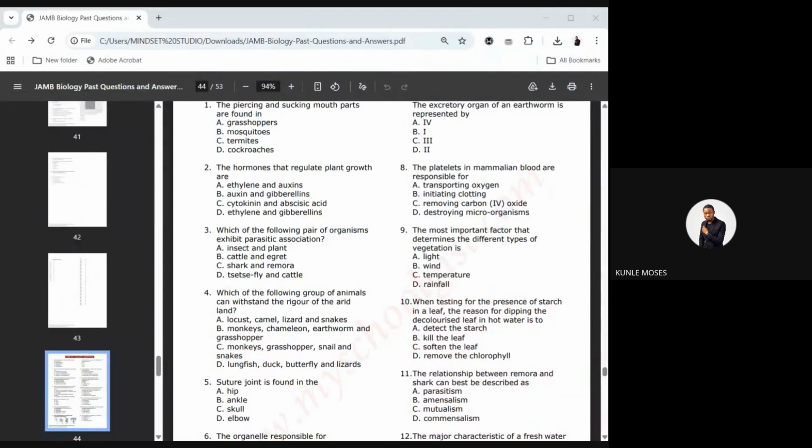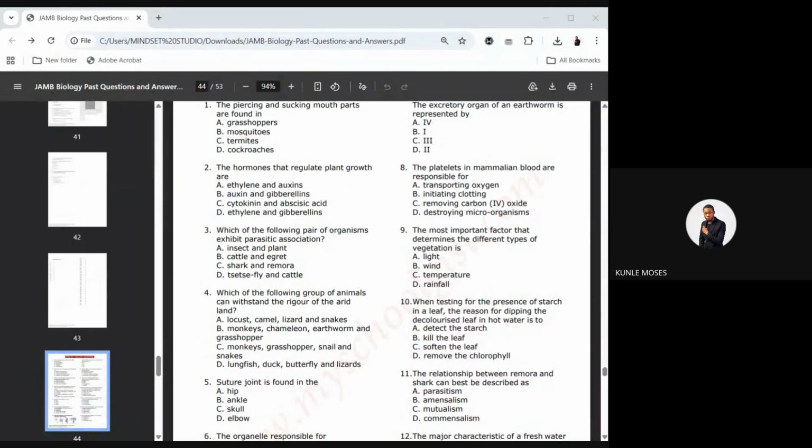Which of the following pairs of organisms exhibit parasitic association? Yes, tsetse fly and cattle.